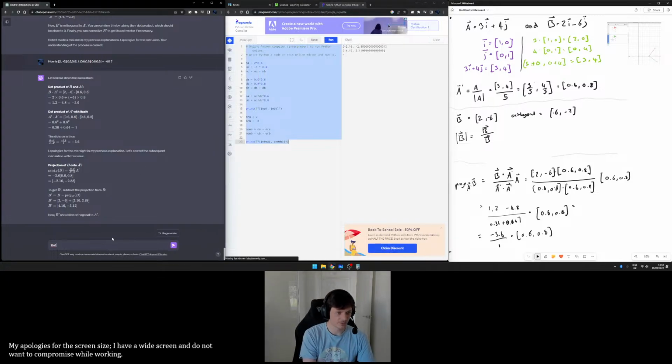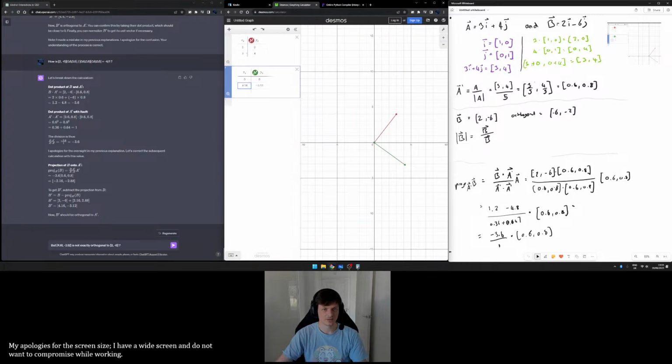But 4.16, negative 3.12 is not exactly orthogonal to negative 6. Now B should be orthogonal to A, sorry.